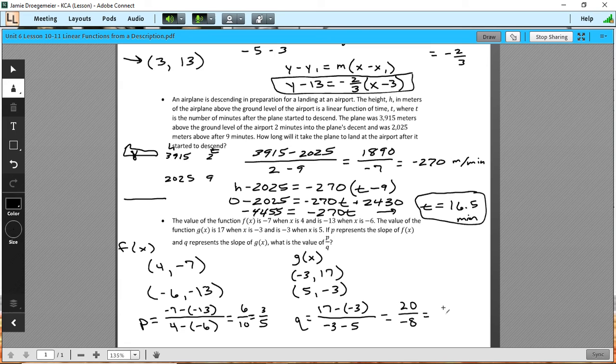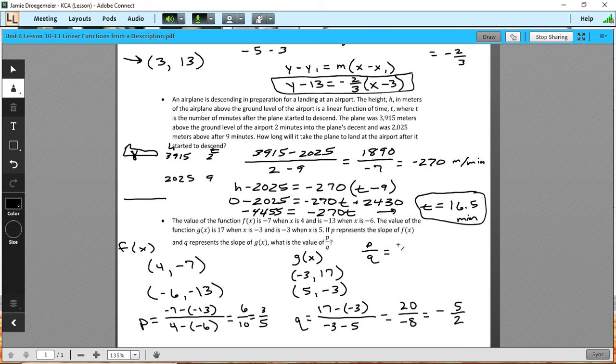And so 20 over -8, that would simplify to -5/2, because each of those is divisible by 4. All right, so p is 3/5. q is -5/2. We want to find the value of p over q.